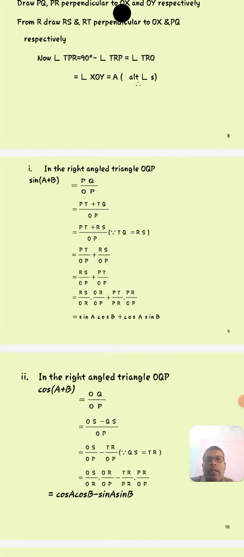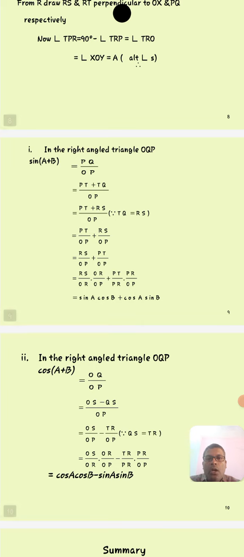TQ is equal to RS. So we split into two parts: PT by OP plus RS by OP. That is equal to RS by OP plus PT by OP. The same way, that is equal to RS by OR into OR by OP plus PT by PR into PR by OP.